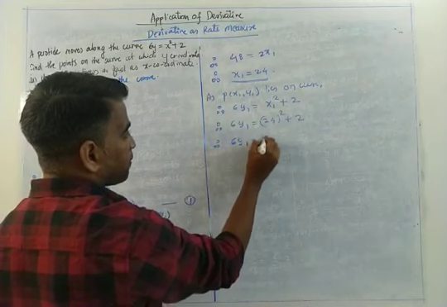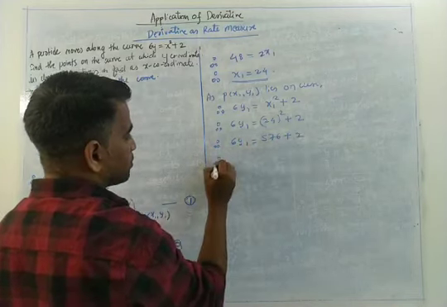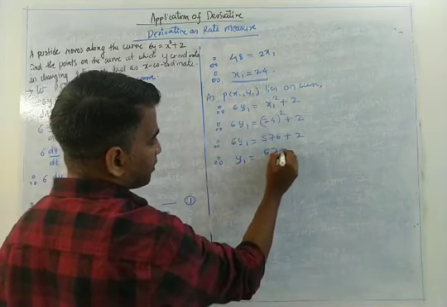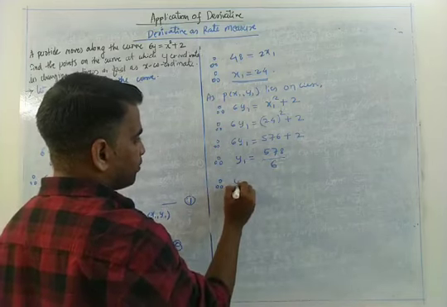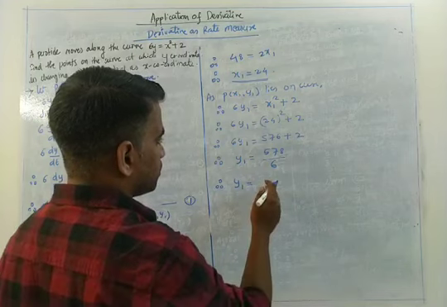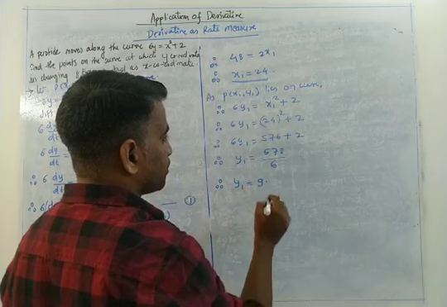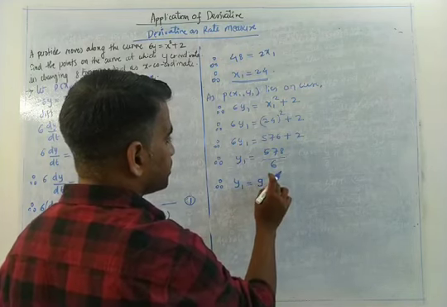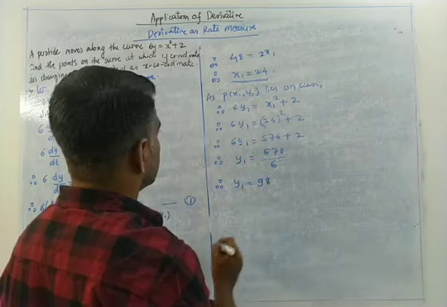Therefore 6y1 is equal to 576 plus 2. Therefore y1 is equal to 578 upon 6. Therefore y1 is equal to, 6 9s are 54, 4 remain, and this 8 carry with 8, 6 8s are 48.